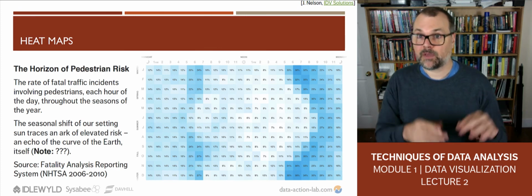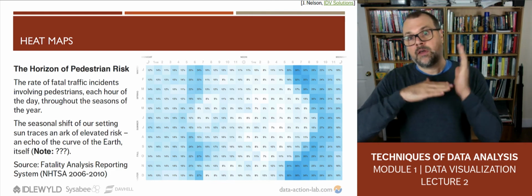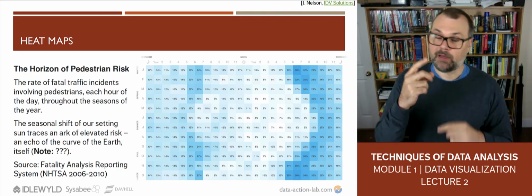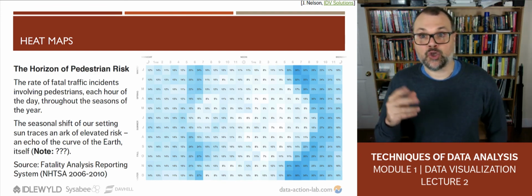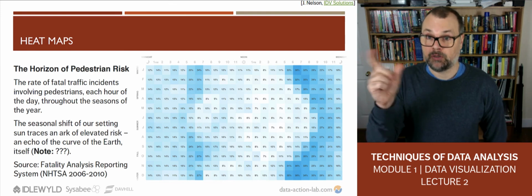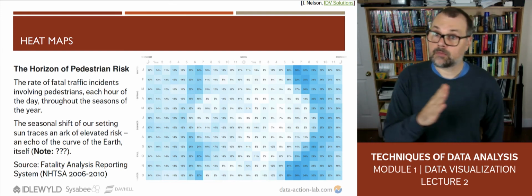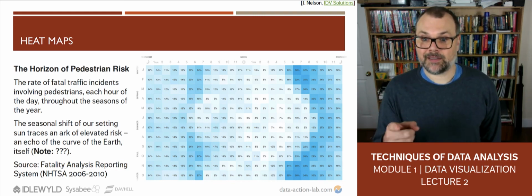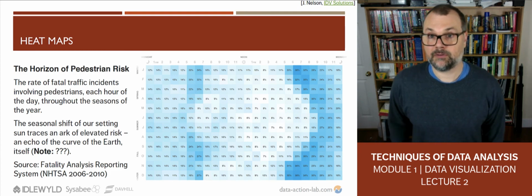Heat maps. Heat maps are actually pretty useful if you're working with categorical data for your axes, and you can have only one axis if you want, and potentially a numerical variable or a proportion for a third variable. So then the color can be used to determine the intensity of the value.